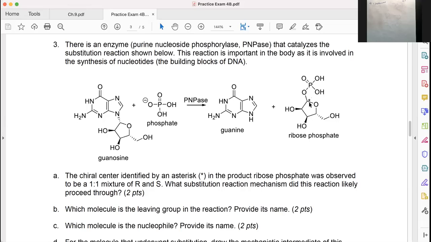Okay, so you guys can clearly see some resemblance of a nucleophilic substitution reaction. Based on the substitution pattern and this leaving group, you can probably rationalize what pathway, but let's go through what A says.